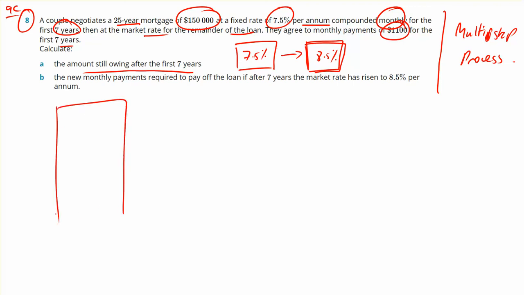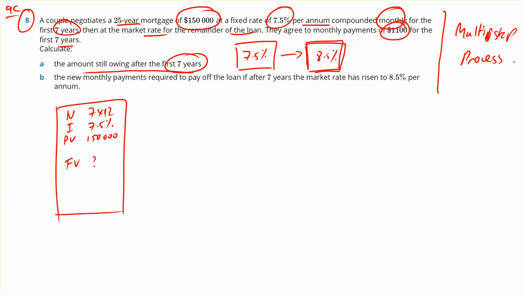So we need to fill in what we know, because we want to calculate the amount still owing after the first 7 years. So we're trying to find the final value, which we don't know. My n is 7 times 12, because the first 7 years have passed and we have to write this in months. My interest rate is 7.5%. My present value is 150,000.